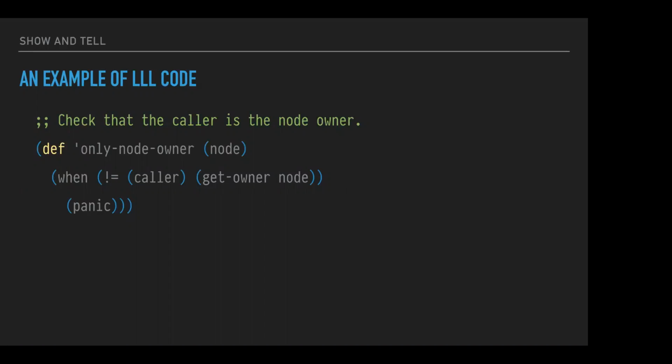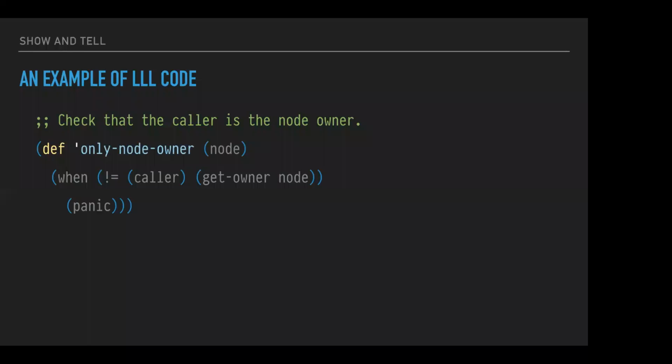Macros can be used to clarify your code, and you'll see that when I do the code comparison. LLL macros aren't even close to the power of Lisp macros. They're more like C macros where they do a simple substitution.